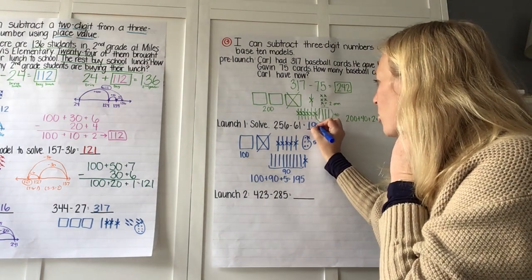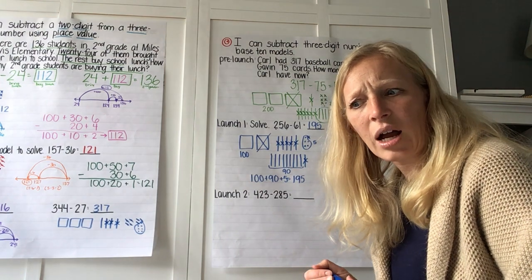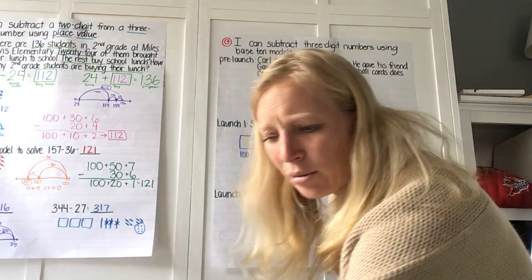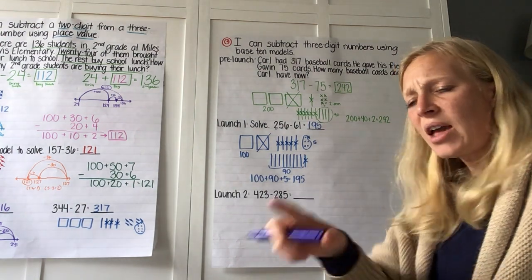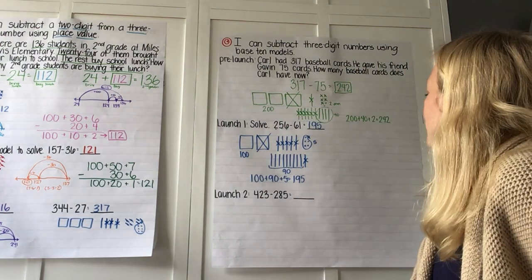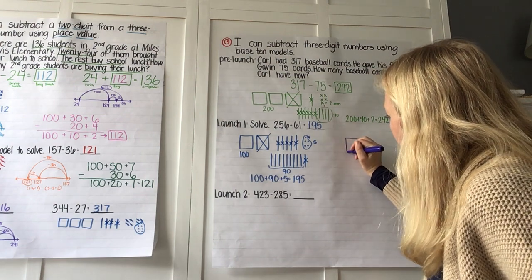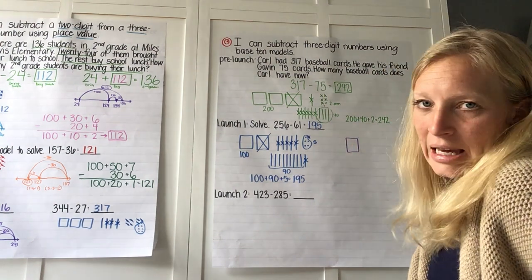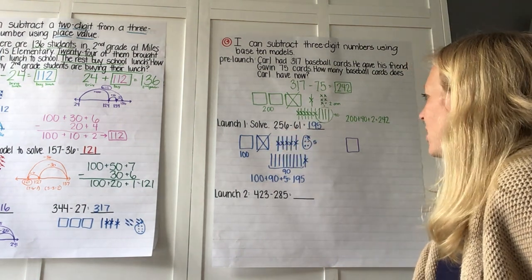A little regrouping there. I had a friend that didn't have to regroup. I know, weird, right? How do you not regroup when we have more tens to take away than the tens we have? And what did you tell me, my friend? So those of you who don't hear my friend, they said, well, I looked ahead and I saw that I had to take away 6 10s and I only had 5 10s.